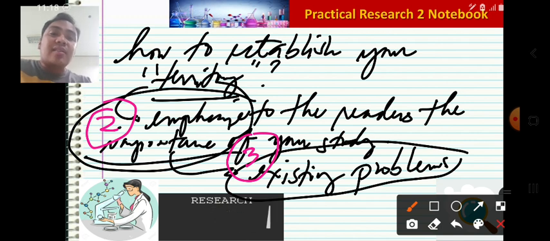So you will discuss the existing problems in connection to Xanthomonas campestris. These are the three major steps for you to establish your territory. So move 1, establishing a territory, consists of 3 major steps, and that will be the main concern of our next video presentation. How will we establish the general area of research? How will we identify the importance as well as the existing problems in connection to your study?